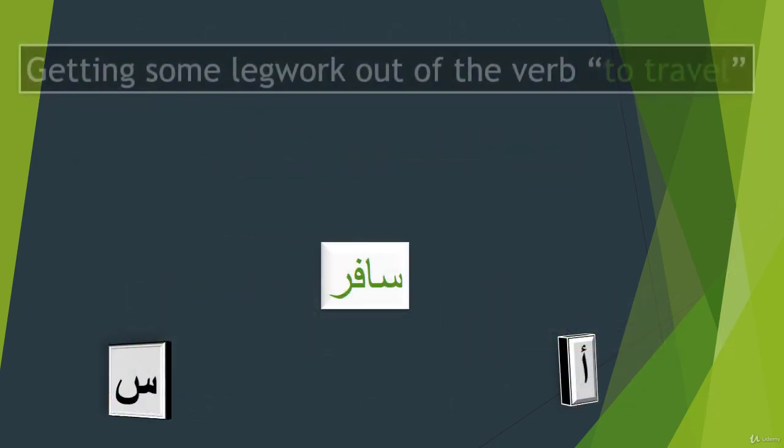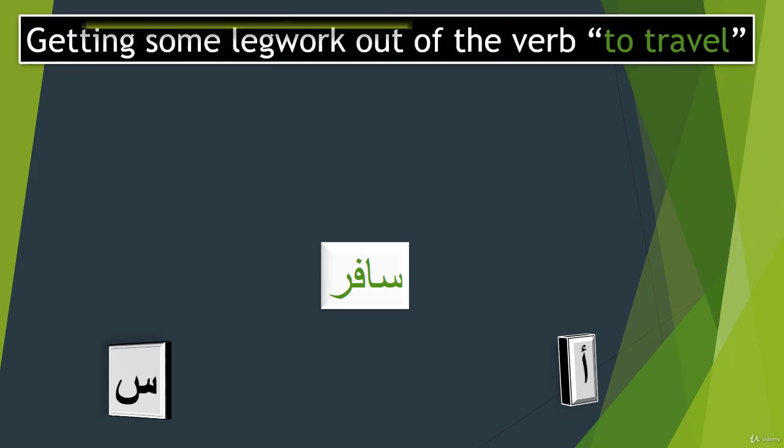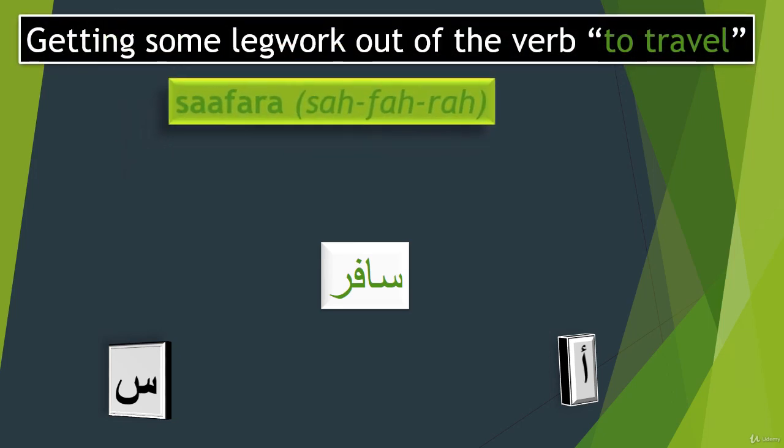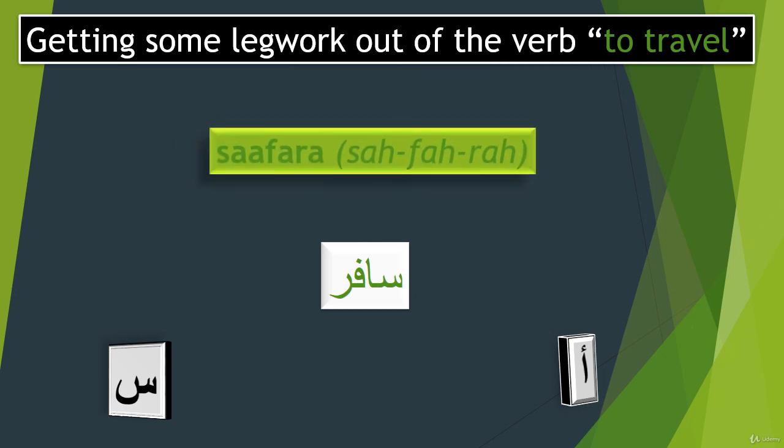Getting some legwork out of the verb to travel. If there is one verb you need to be familiar with relating to travel, it's the verb سافر, which conventionally means to travel, even though سافر has four consonants instead of the usual three.